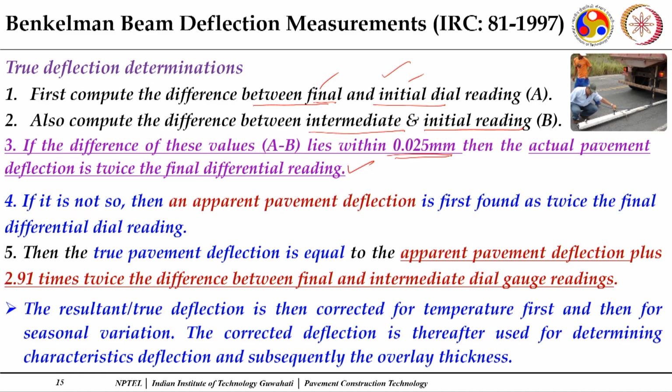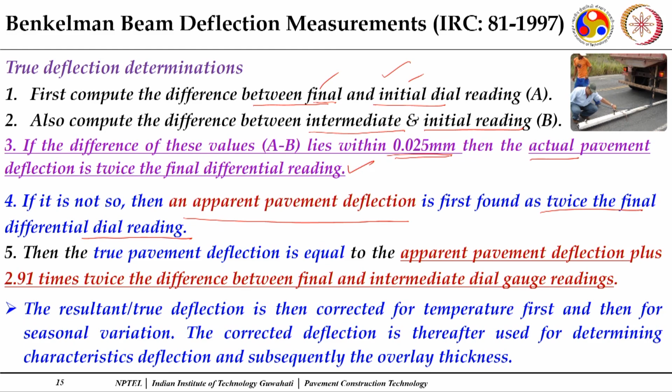If this difference is more than that, then we have an apparent pavement deflection, which is again twice your final differential reading, but then you need to get the true deflection also. In the first case, when this difference was less than 0.025, twice the final differential reading became your true deflection, or the actual pavement deflection.